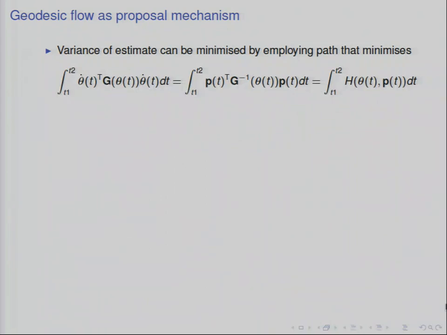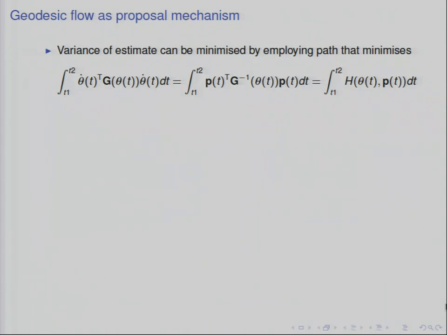So let's just remember, what we're saying is that the variance of the estimate of our evidence, or our marginal likelihood, which is going to be obtained by devising a path from one distribution to another, that variance, that error, is going to be minimized if we minimize this Hamiltonian.